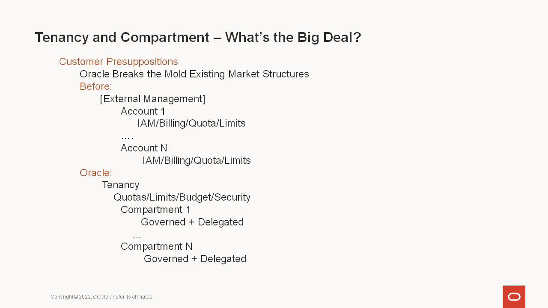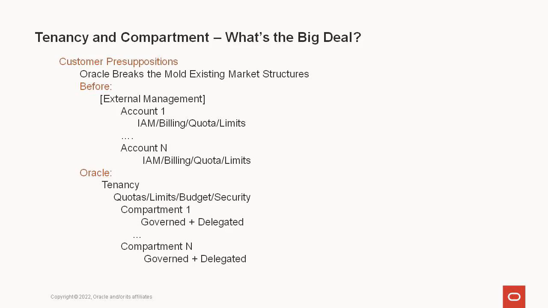Then you have to build a structure, either using that cloud provider's tools or external tools, to manage all of those accounts, the permissions, and the billing across all of that structure. I know with AWS in particular, you have the multi-account strategy, which there's a lot of documentation about.